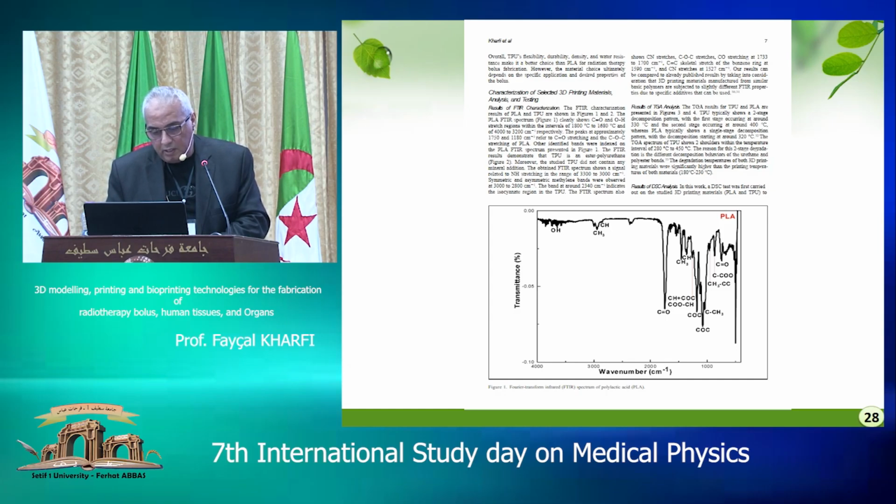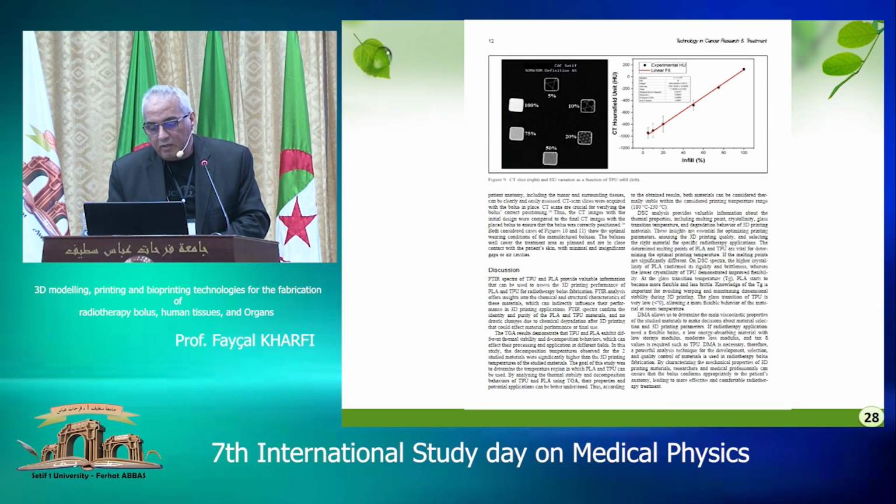This is the dose response when considering 6 MV X-ray and 12 mega electron volt electron in both cases. So we characterize also the material in terms of Hounsfield units as a function of the infill. For the fabrication, generally we use 100% infill, but if we need to change, how the Hounsfield unit will be changing, we study also this aspect.